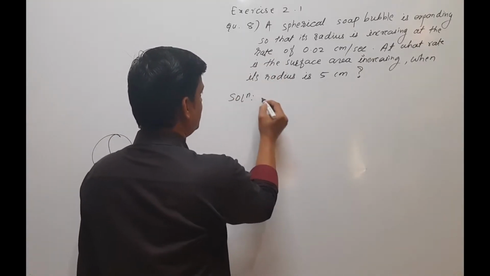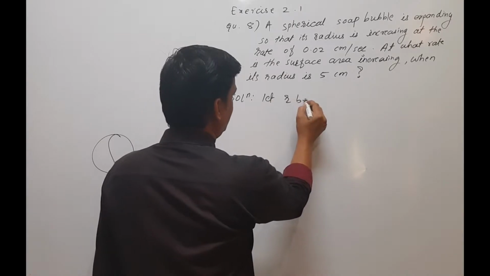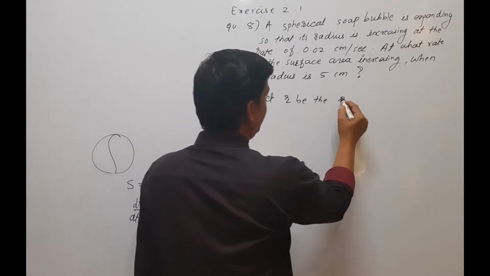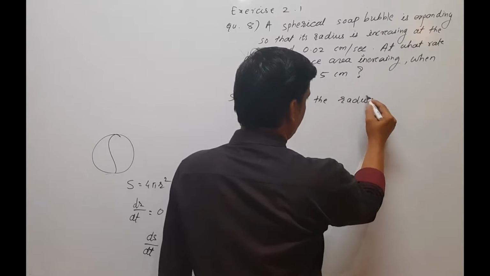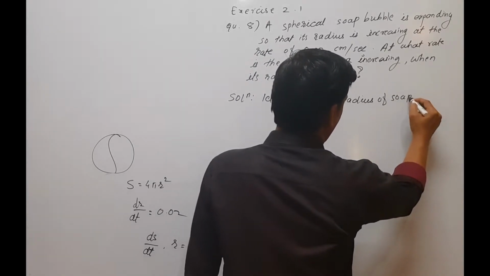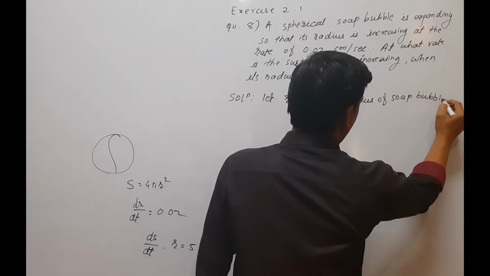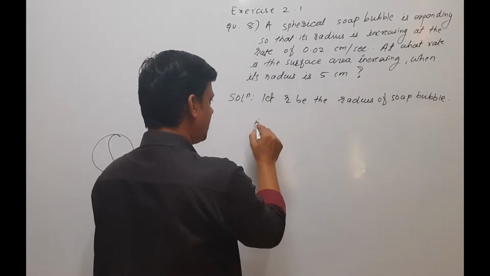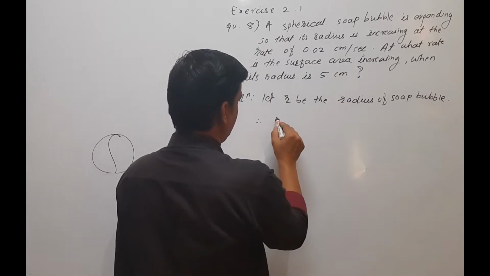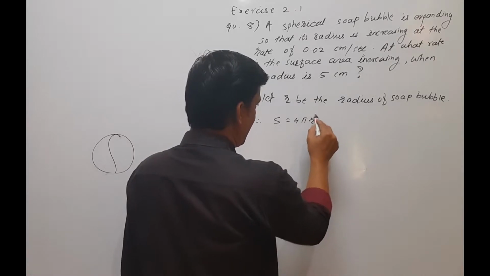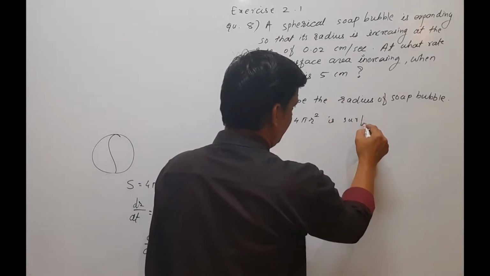So write in solution, let r be the radius of soap bubble. Therefore S is equal to 4 pi r square is surface area.